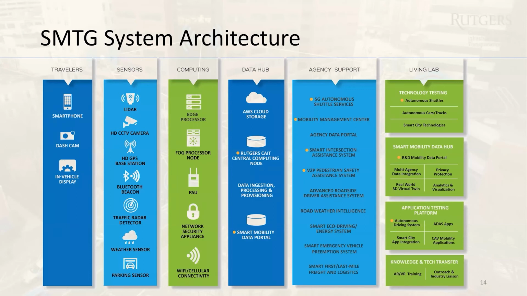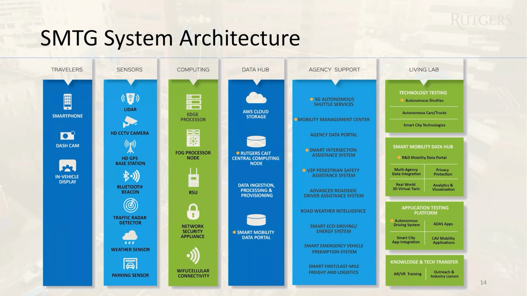The proposed system architecture includes multiple layers: a traveler interface, various types of sensors, and different computing devices from edge to fog to central computing, so different levels of data hub and agency support, and various types of applications, including safety, mobility, and environment.